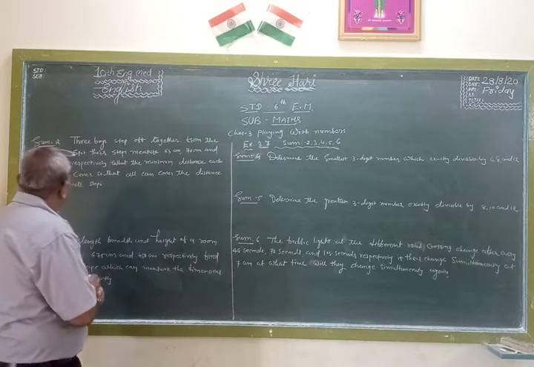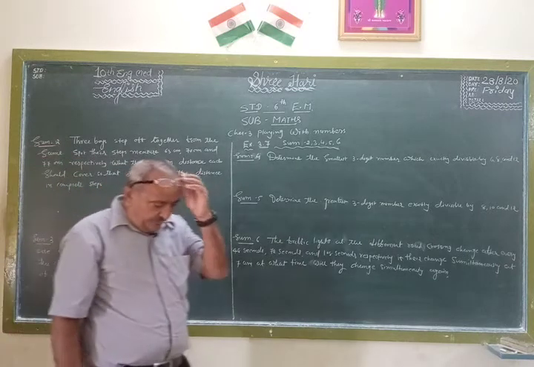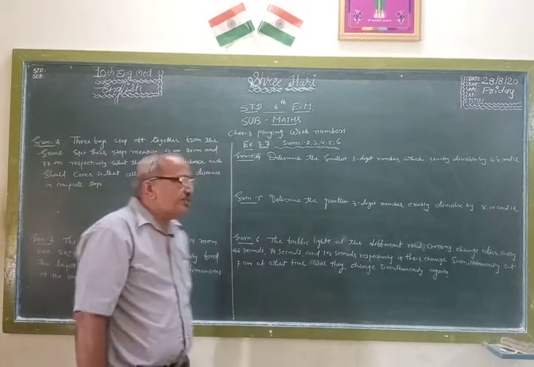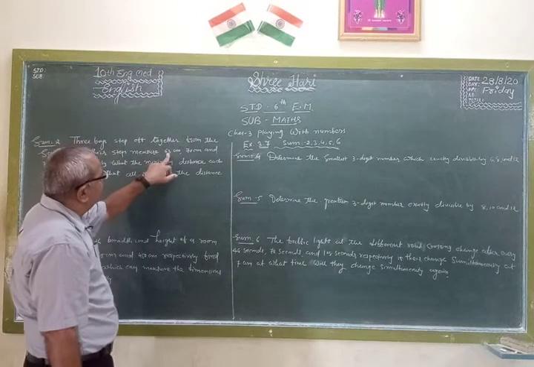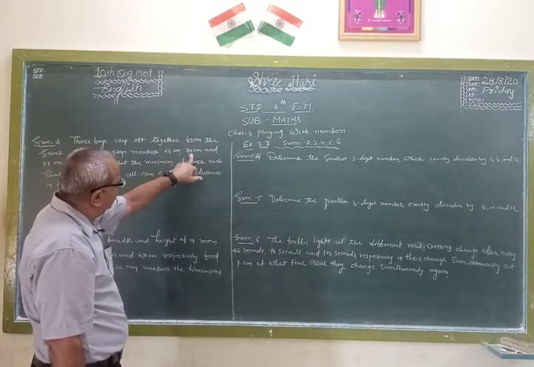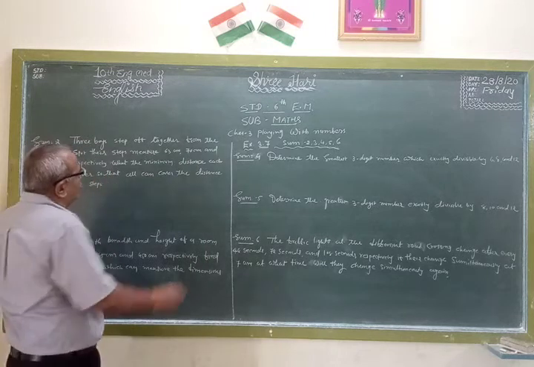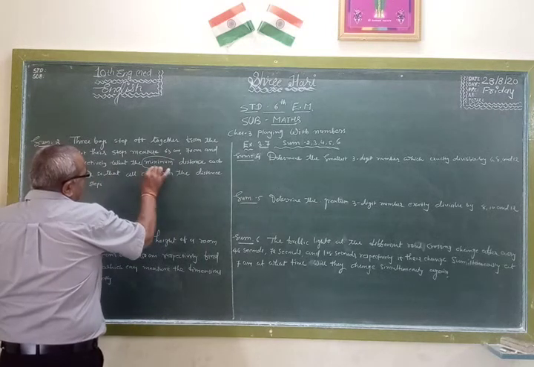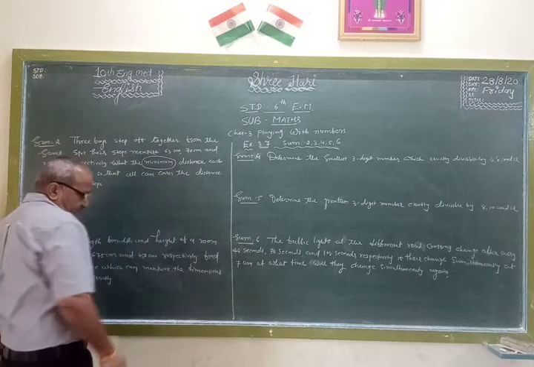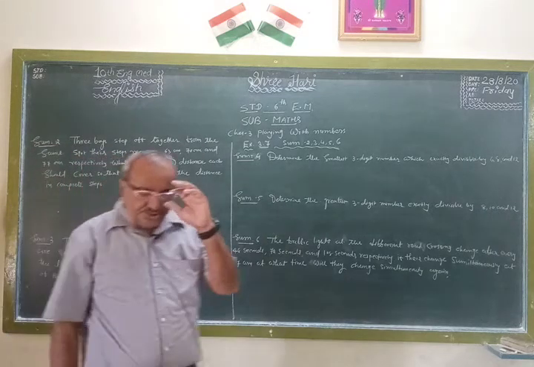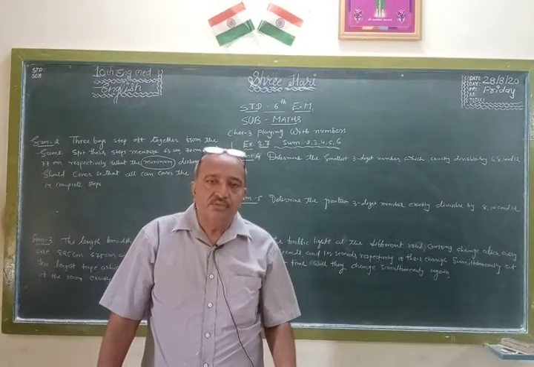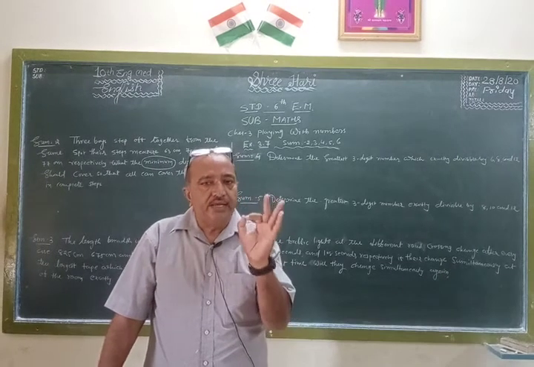Friends, here you can see we have been given 3 numbers: 63 centimeter, 70 centimeter and 77 centimeter. But look here, this is the word minimum. When you are given least, smallest, minimum, then you have to find LCM.